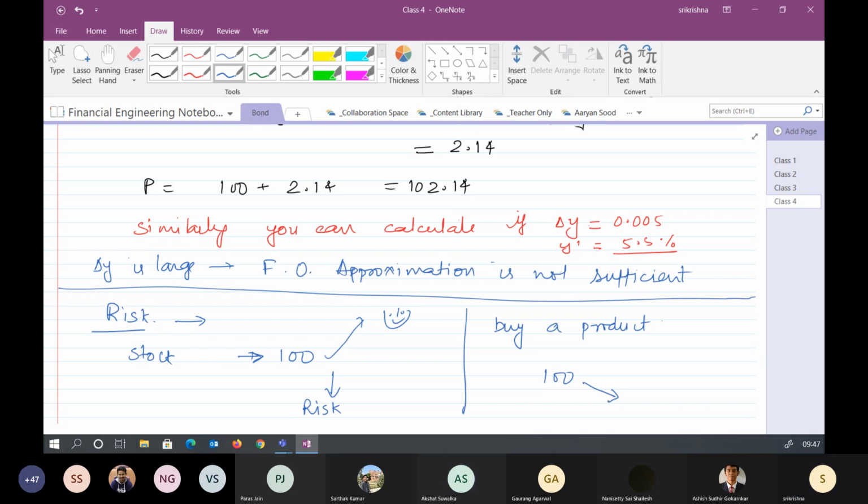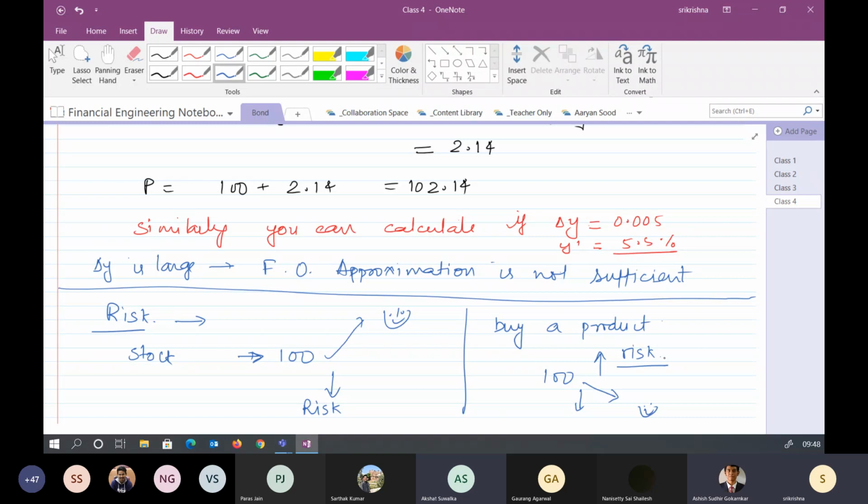Yes, sir. If it is decreasing, then you would be happy. But if it is increasing, that's the risk, because you have to pay more. If you are not buying today and waiting for some more time, if the price decreases, okay, done. But if the price increases, then you lose the money. Yes or no? That's the risk.